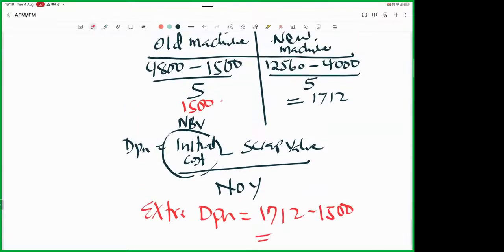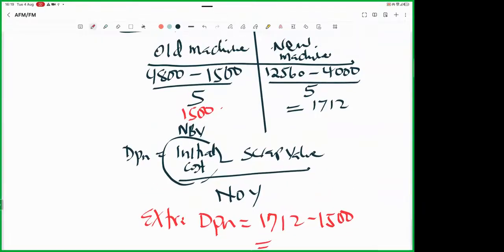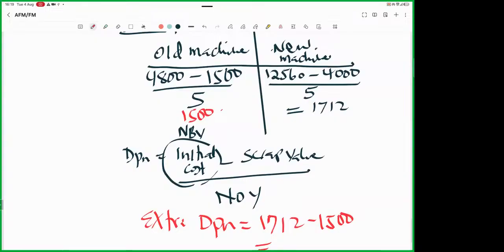This one here is for the old machine. Who gave me 1,500? Okay, I know why. I'm really sorry. This guy was giving me this value. So please repeat. How much do we have here for the old machine depreciation now? 660. Thank you so much.